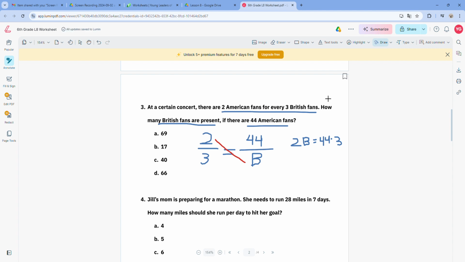And 44 times 3 is 132. So 2B is 132. And to get B, you want to divide both sides by 2, and B is 66.